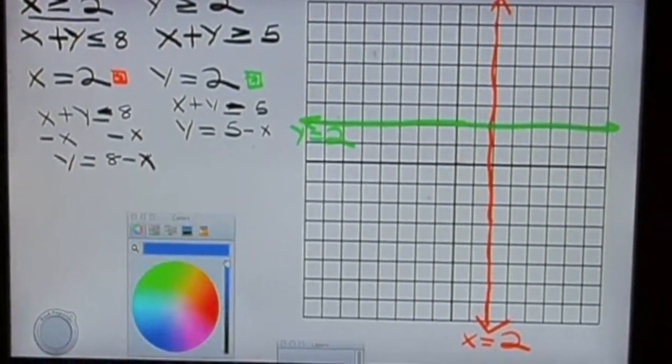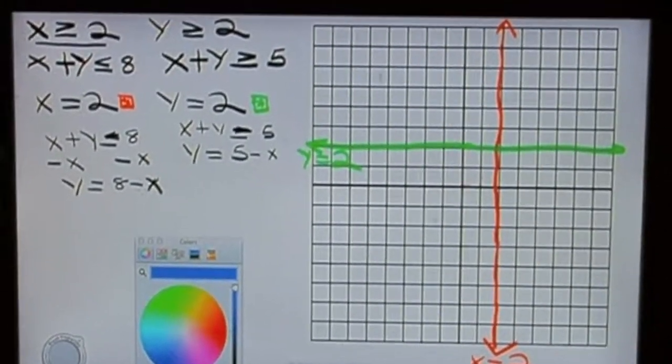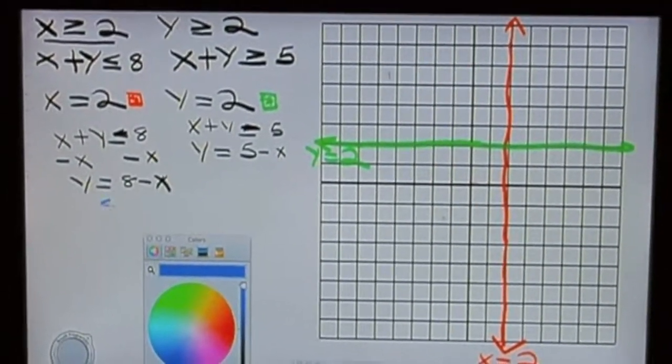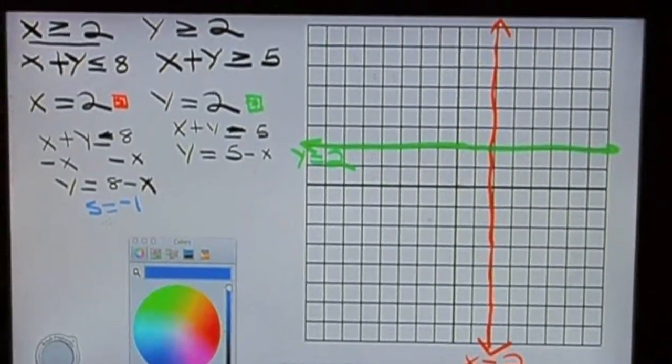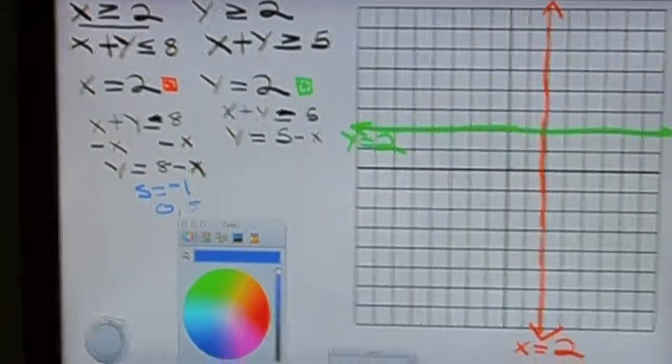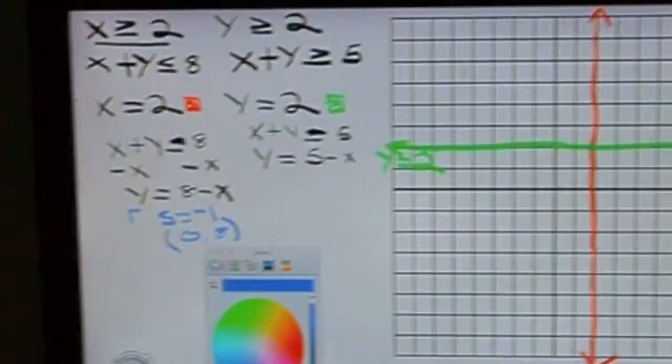And then for this equation, y equals 8 minus x, your slope is going to be -1, and your y-intercept is going to be 0, 8. And then we're going to graph this one in blue.